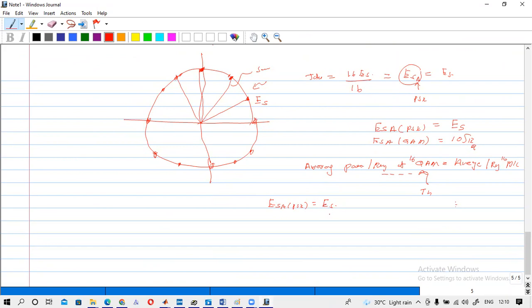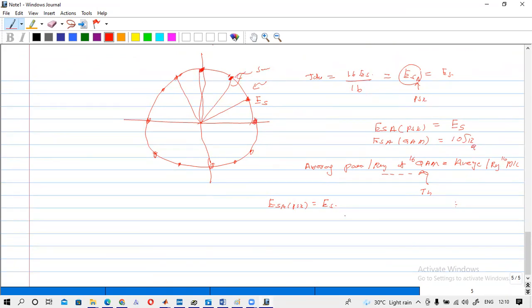Here 16 is divided by 16, again you will get Es. So that is the average power, the average energy. So the average energy is equal to the energy of a symbol, because all have the same energy.